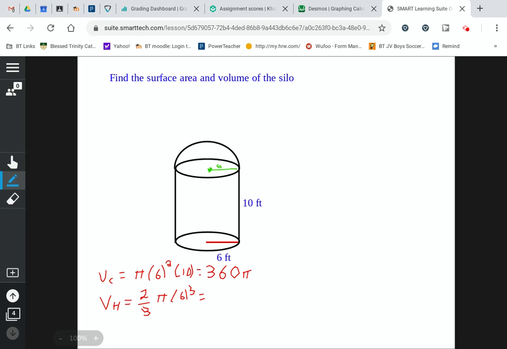We multiply that by 2, which gives us 432, and divide that by 3, and so that ends up being 144. So I get 144 pi plus 360 pi, and that leaves me with 504 pi. And we're dealing in feet, so feet cubed.